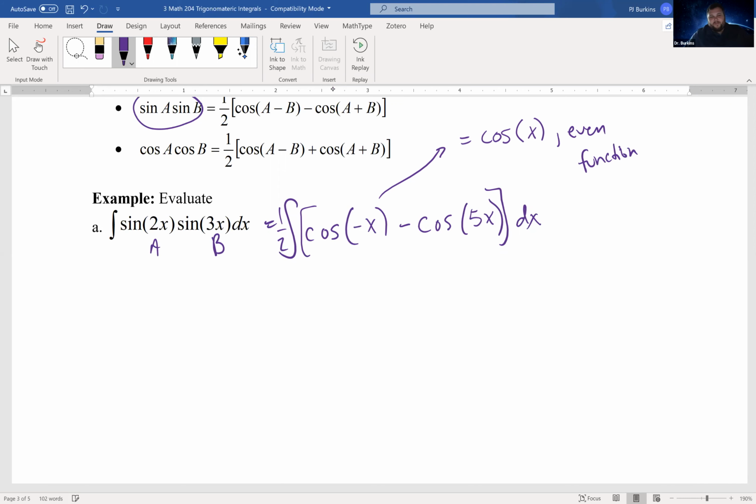Otherwise, you have to do a u substitution for that integral. And again, if you just called the first one b and the second one a, you wouldn't have had that problem, right? So there are some little things that you got to be a little clever about sometimes to make your life a little easier.